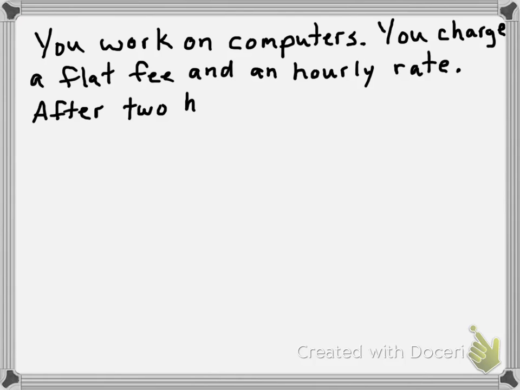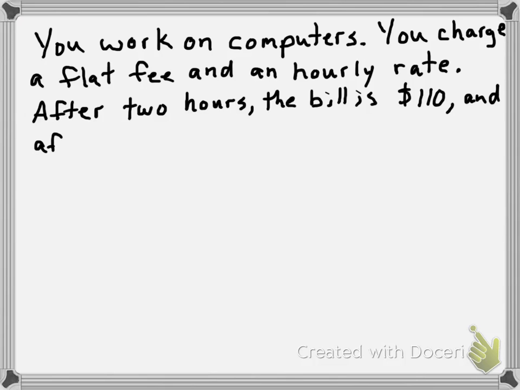And now, let's say after 2 hours that the bill for that person was $110. Okay, so you came out, you worked for 2 hours, and the bill was $110.